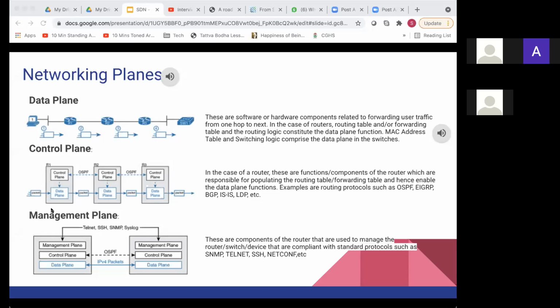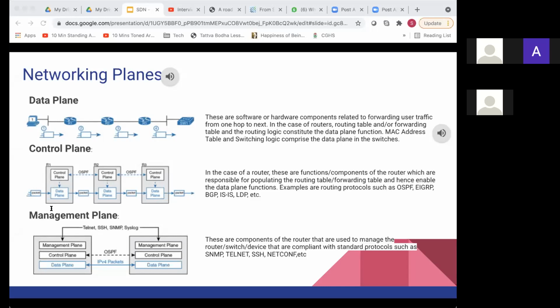When you come to the control plane, we saw that the data plane uses a whole bunch of information, and this information is generally created and populated by the control plane and the protocols in it. Some examples of these protocols are OSPF, BGP, IS-IS, and so on.